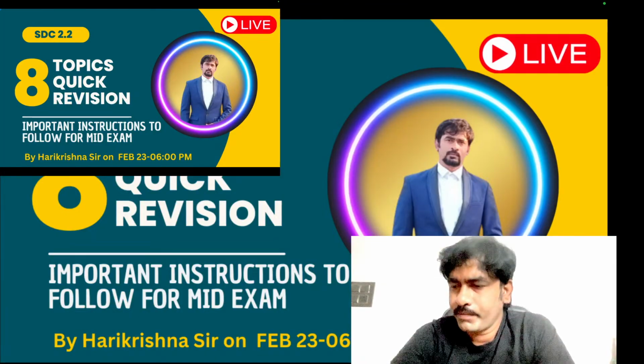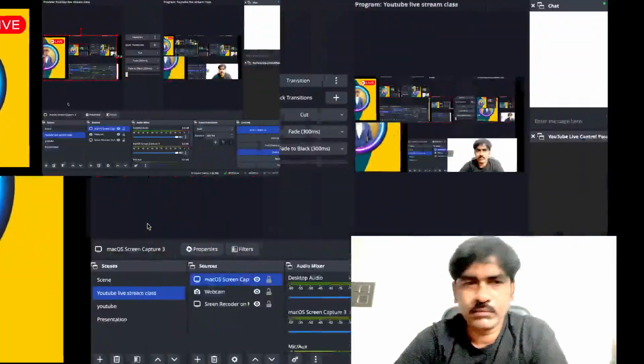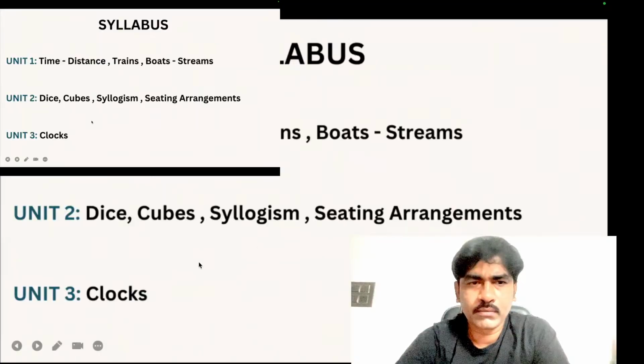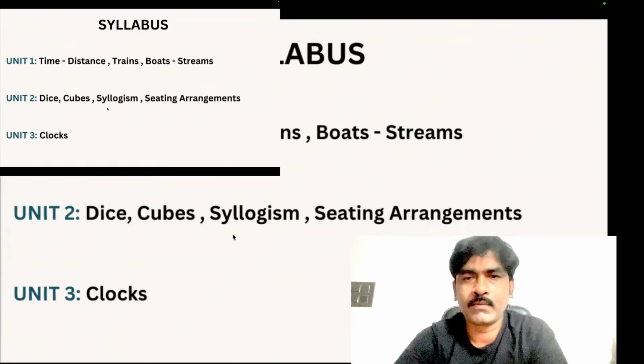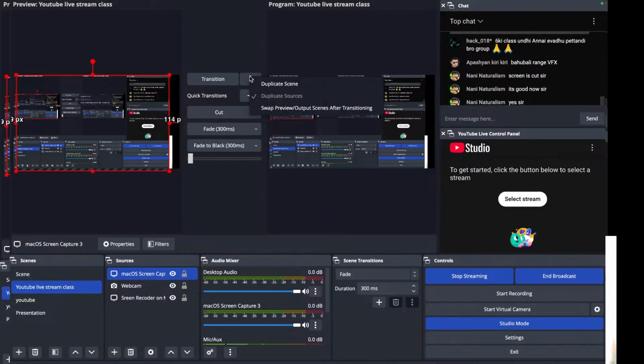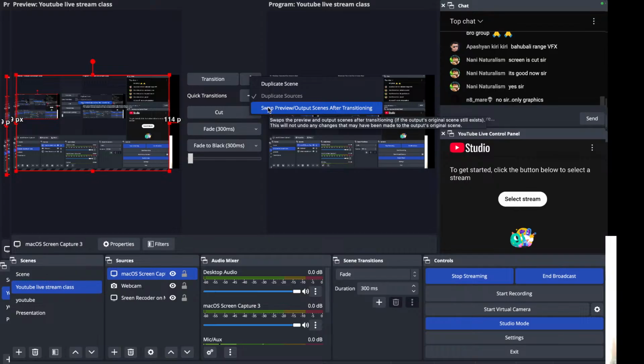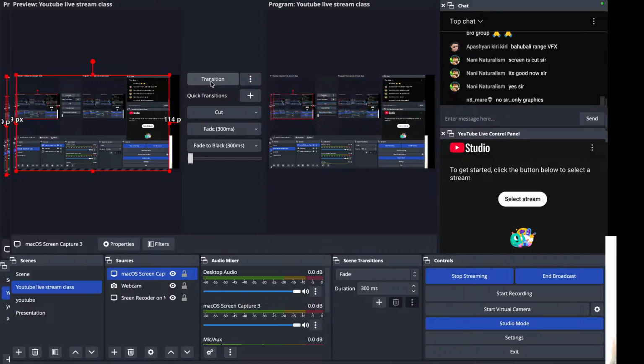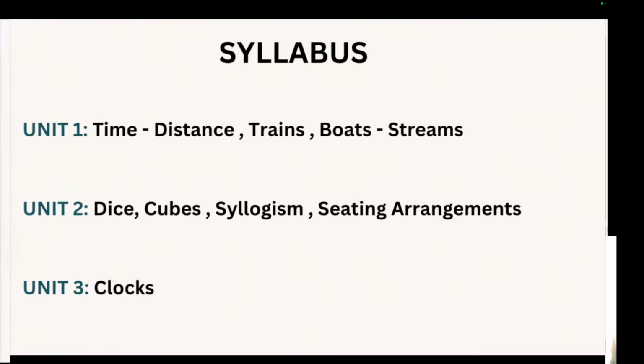Now are you able to see the screen? Once check out and please give me the update.